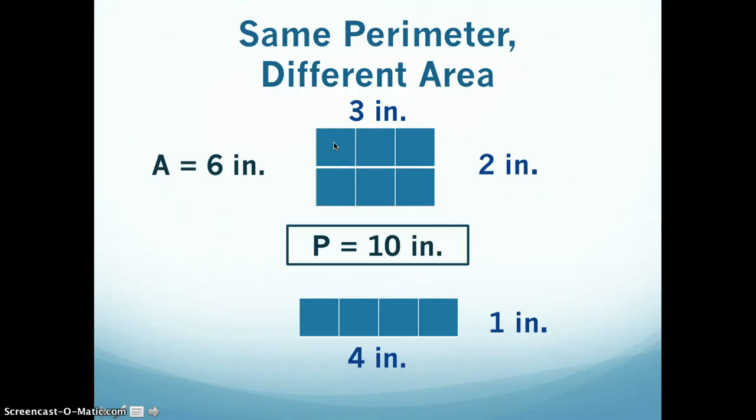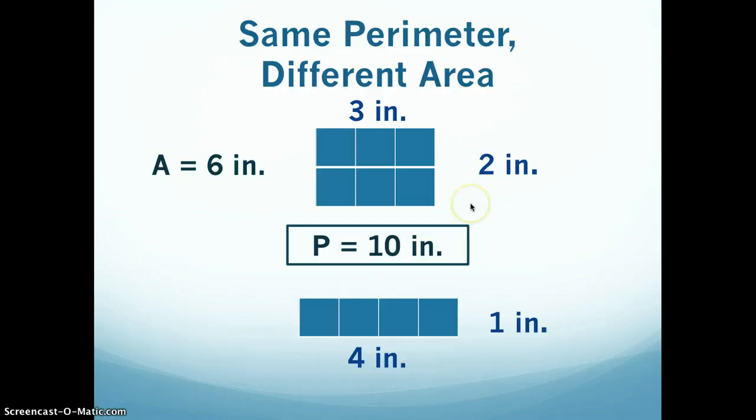So you obviously can see that we have 1, 2, 3, 4, 5, 6 squares inside. This is very similar to the graph paper that we were using on Friday. Now on the bottom rectangle, we only have 1, 2, 3, 4 squares. So even though we know that the outside distance is exactly the same, the inside is very, very different.